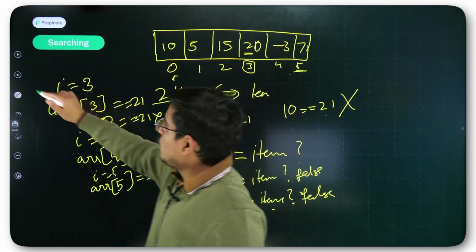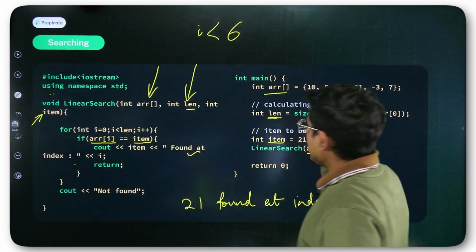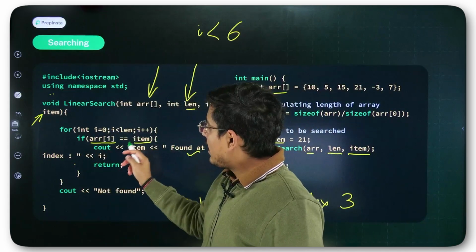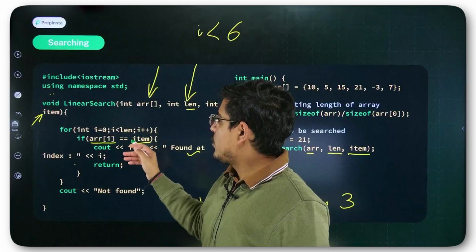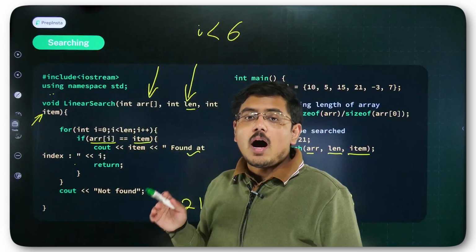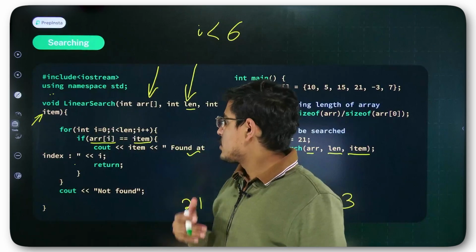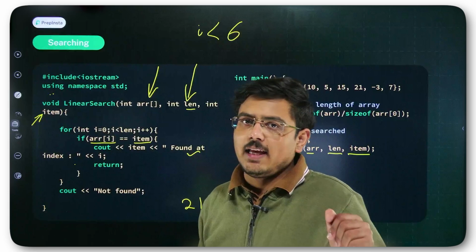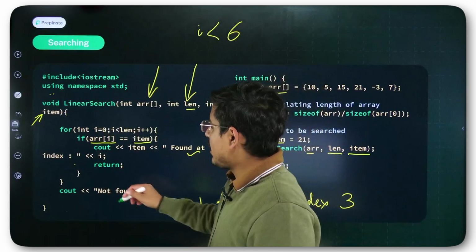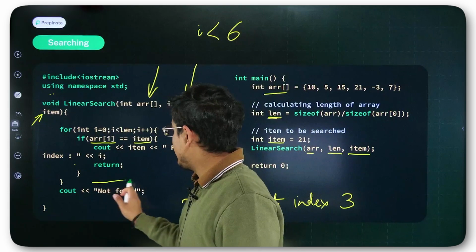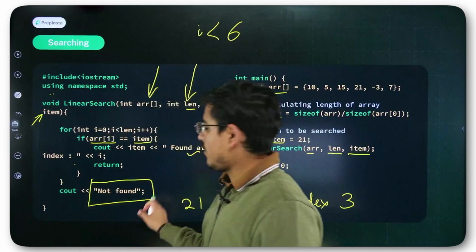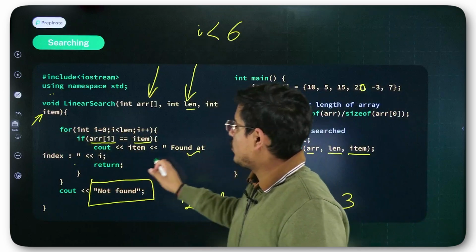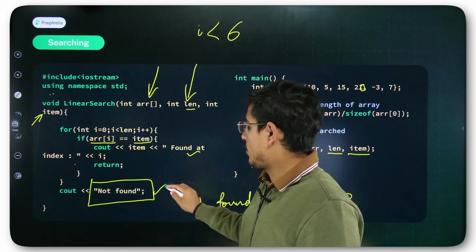So what I'm trying to show you is, if this array had not contained 21, it would have checked every time, and the if condition would have been false every time. So after the loop's iterations had completed, when you had reached the end of the array and not found the element you were searching for, you would have received the output, not found.